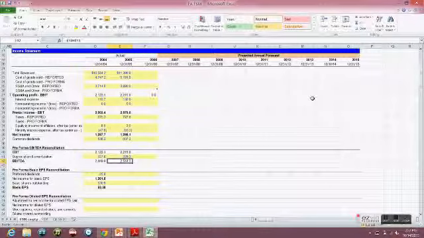Now, before I go any further, some of you are probably confused. Why are we adding them back to get EBITDA? Why are we taking out the I in EBIT after taking out interest? You just get confused.